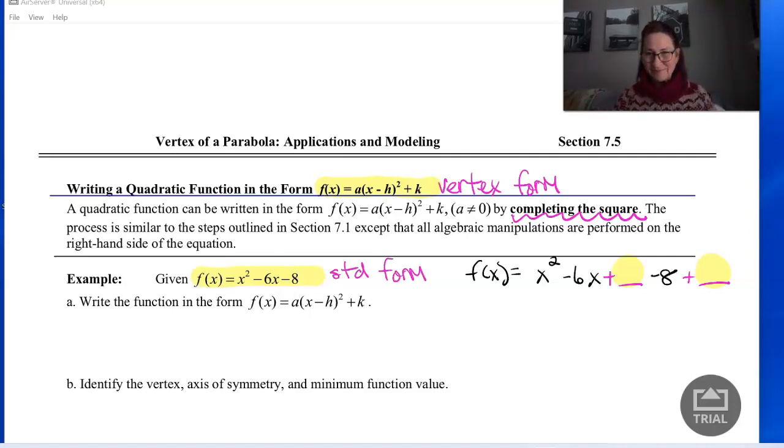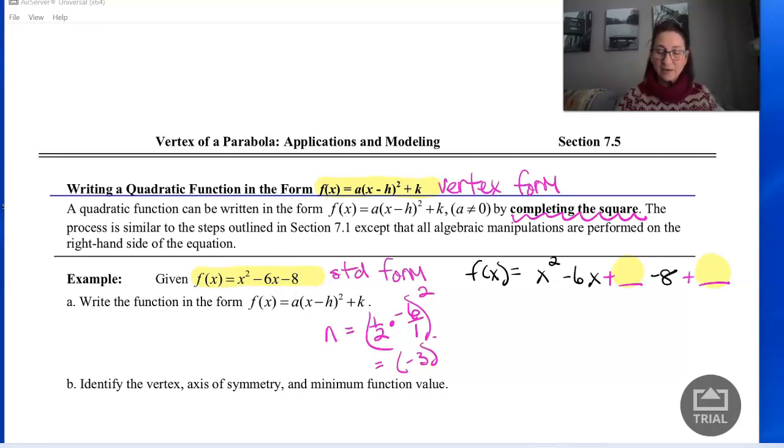That's what I'm doing. Okay, so let's go ahead and figure out what that n should be. Just like I did before, n is equal to 1/2 times that b value of negative 6, and then square it. So if I put that negative 6 over 1, that becomes negative 3 squared, which is 9.